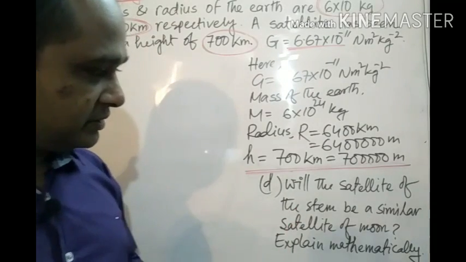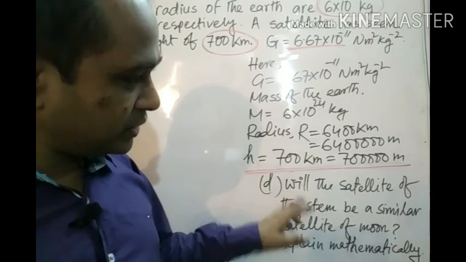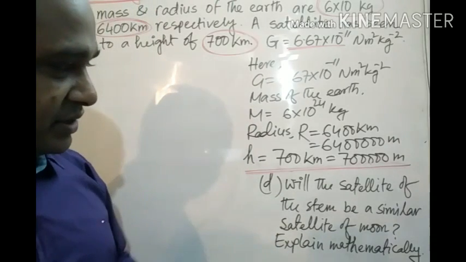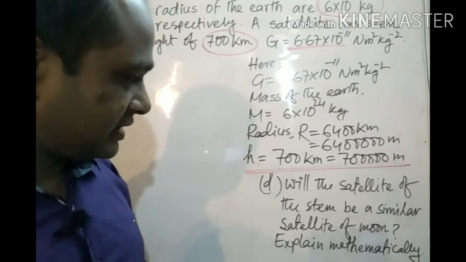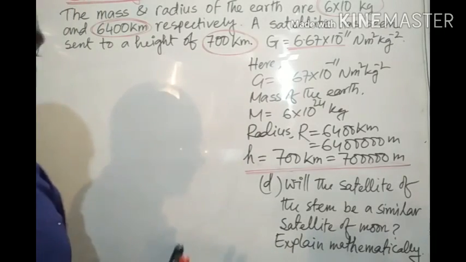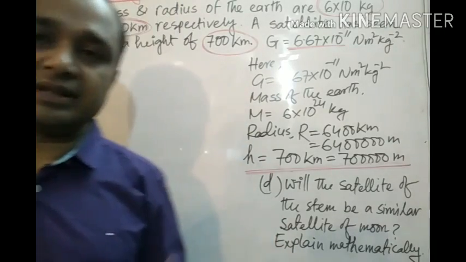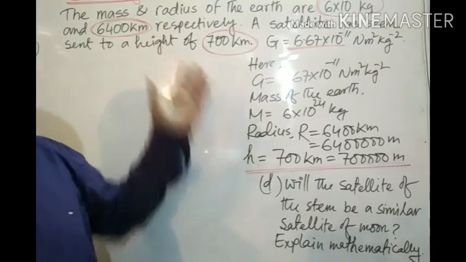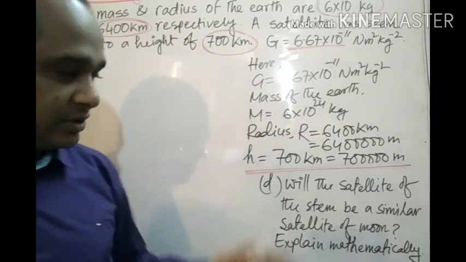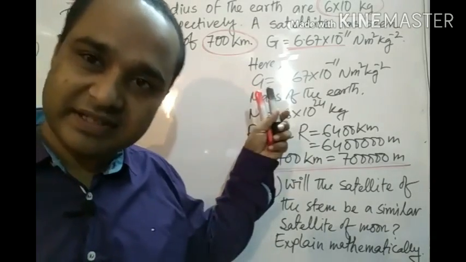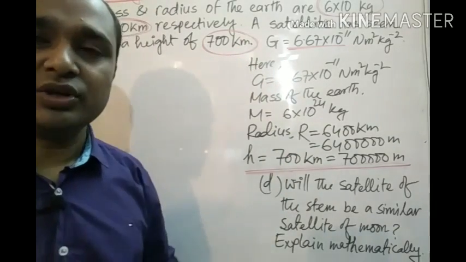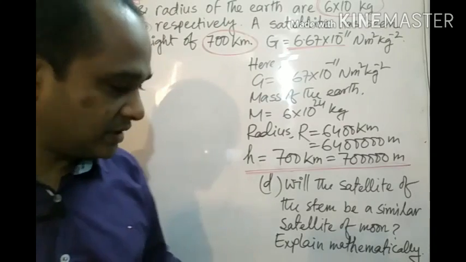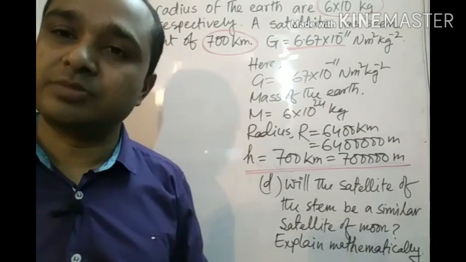In question D, they wanted to know whether the satellite of the stem will be a similar satellite to the moon. We know the moon is a natural satellite, and in the stem they talked about an artificial satellite. They wanted to know whether the artificial satellite mentioned in the stem will be similar or not to the natural satellite moon.